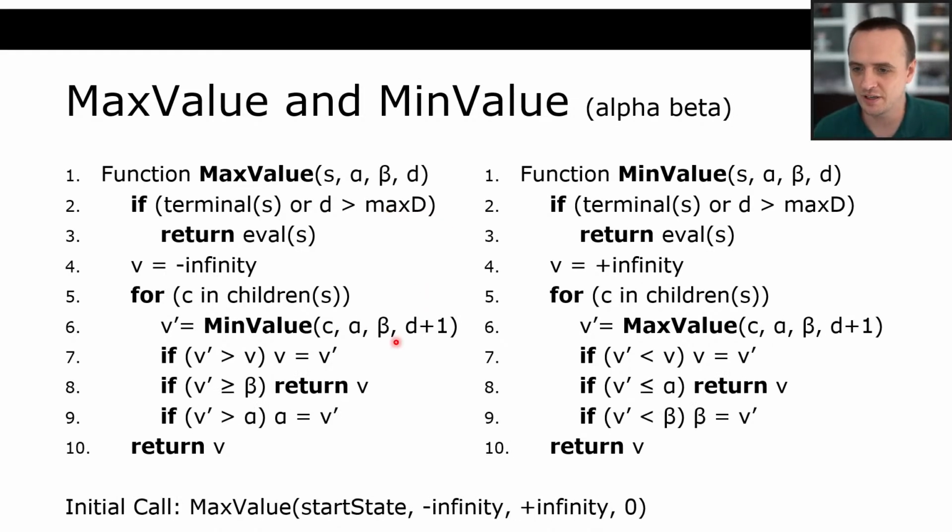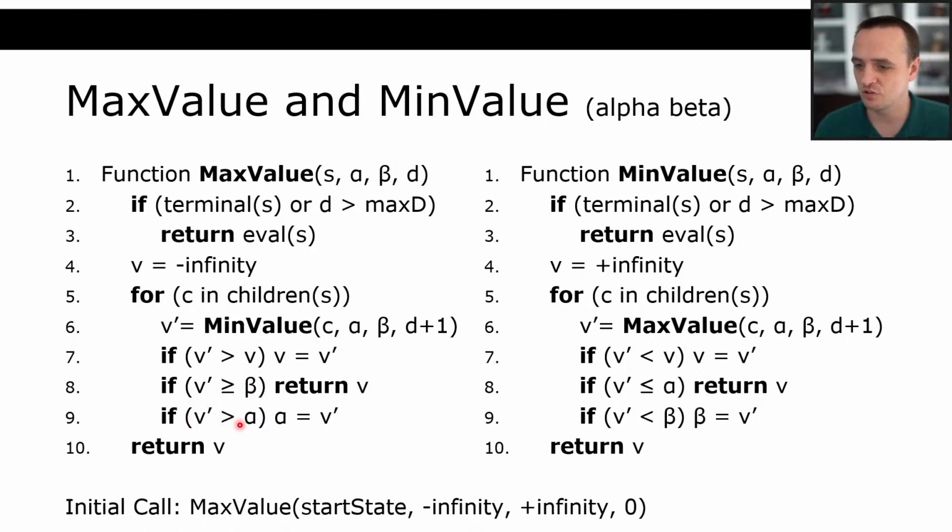And what's happening here is that we're introducing alpha and beta as parameters to the function. And down here, we're going to do 2 extra checks. If v prime is greater than or equal to beta, return v. This is for the maximizer.